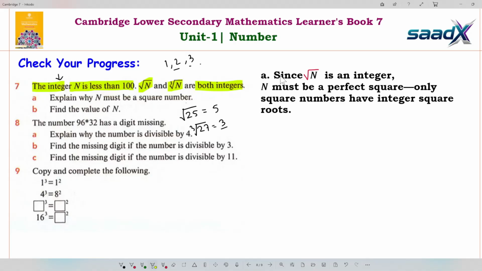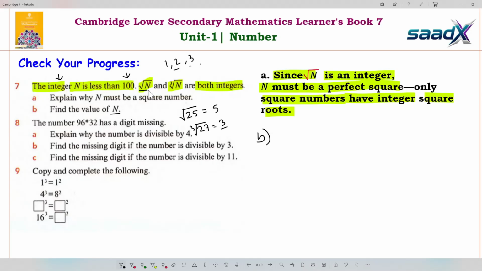Look, since root n is an integer, n must be a perfect square. Only square numbers have an integer square root. Okay, so this is part A.